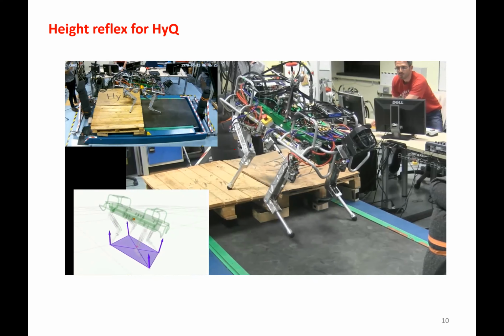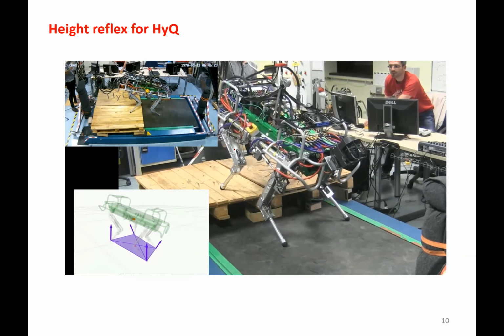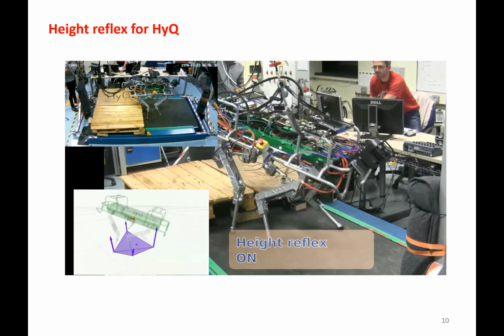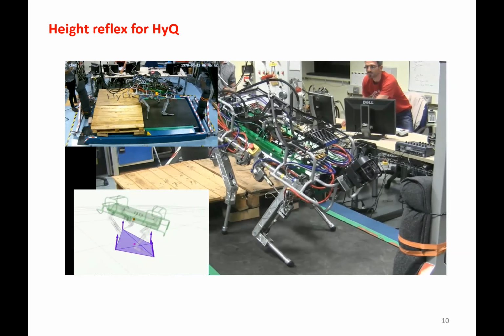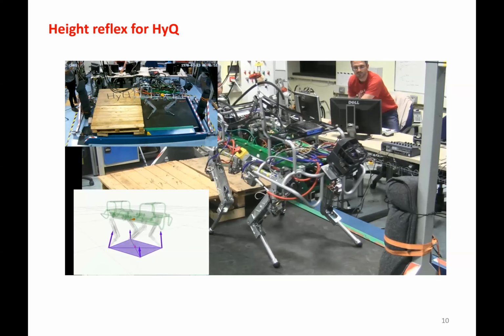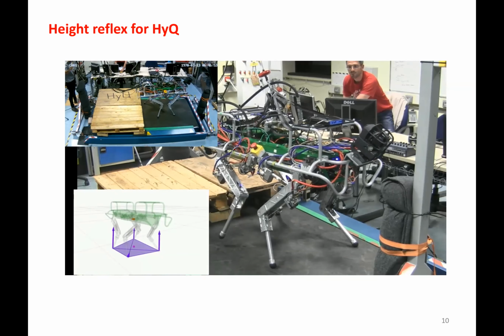So this redistributes the motion on the stance legs and avoids hitting the limits on the swing leg, on the front legs that are swinging. And this is an example of exploiting this redundancy that is inherent in legged robots, let's say.